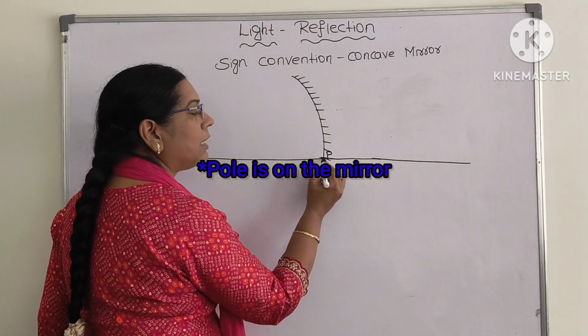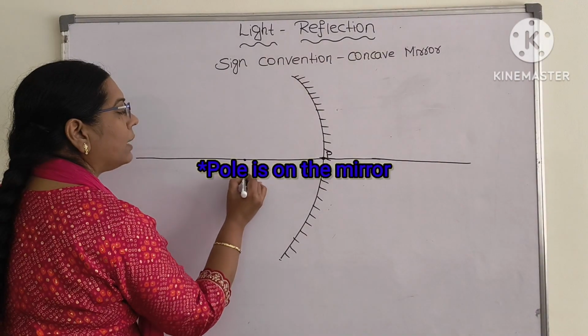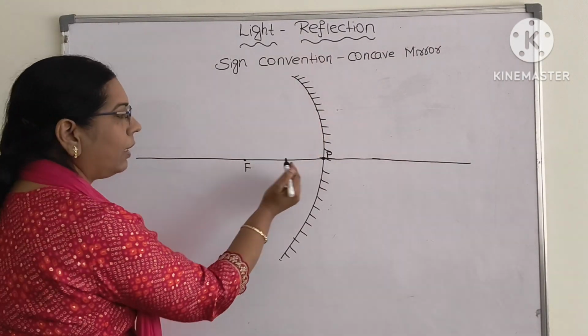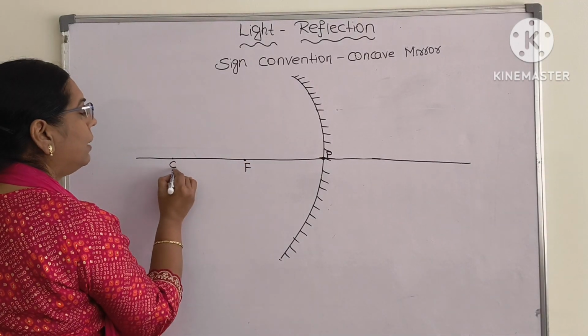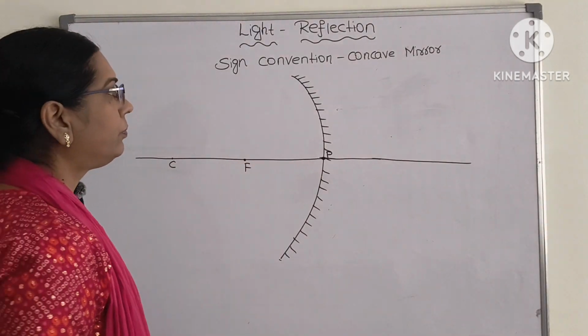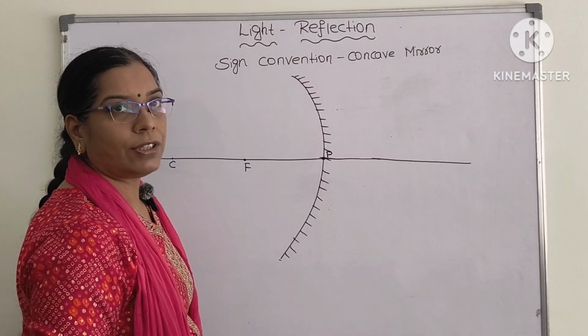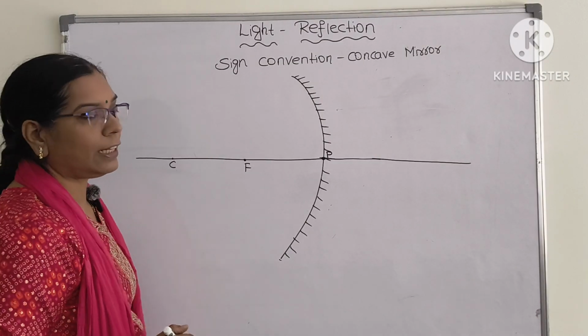The principal axis passes through the pole on the mirror, and then you have the focus in front of the concave mirror. For a concave mirror, the focus will be in front of the mirror, and this is the center of curvature. In order to understand the sign conventions, you have to consider this whole thing as a Cartesian plane.